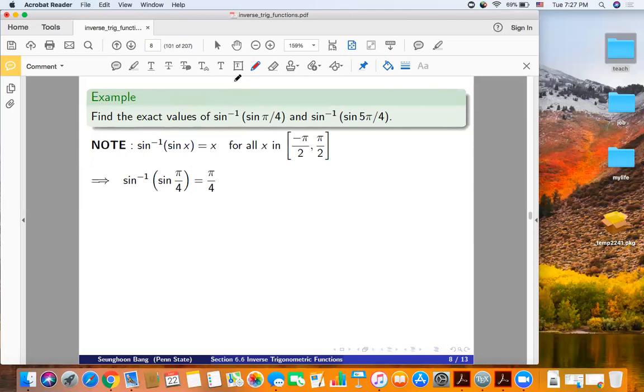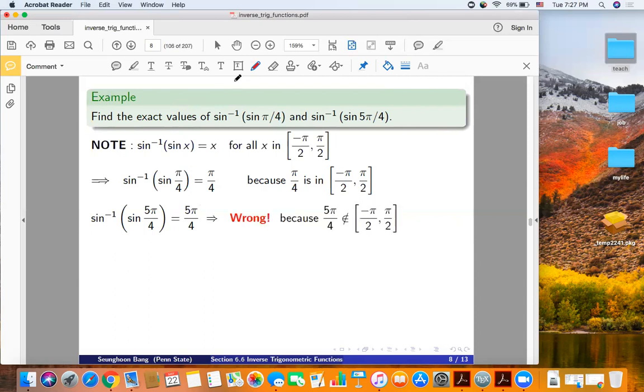We have pi over 4, because pi over 4 is in the domain. Second one, inverse sine of sine 5 pi over 4 equals 5 pi over 4? This is wrong because 5 pi over 4 is not in the domain.